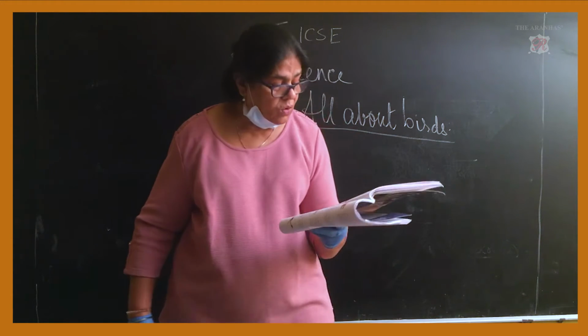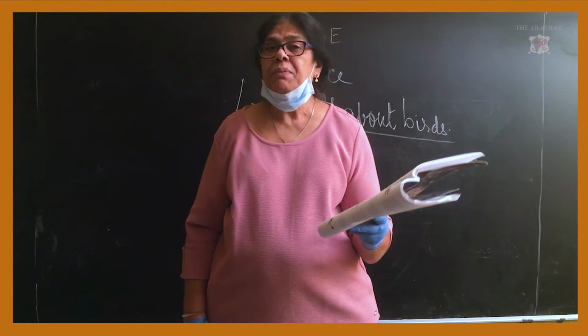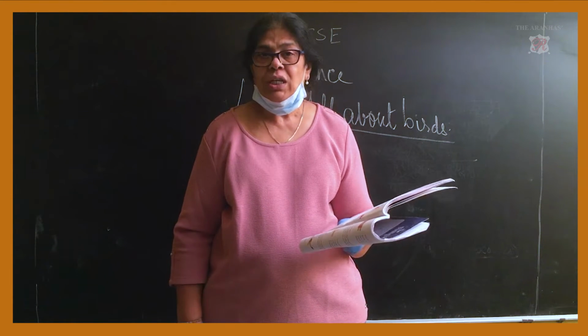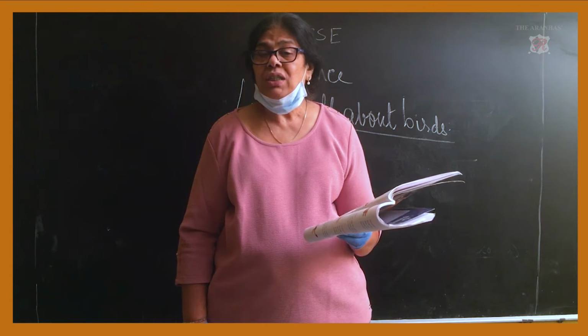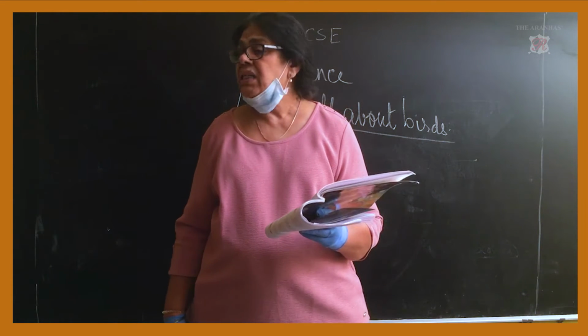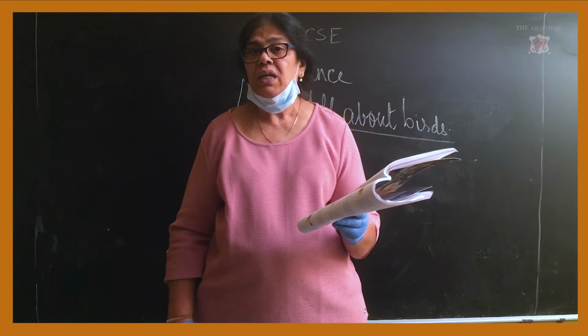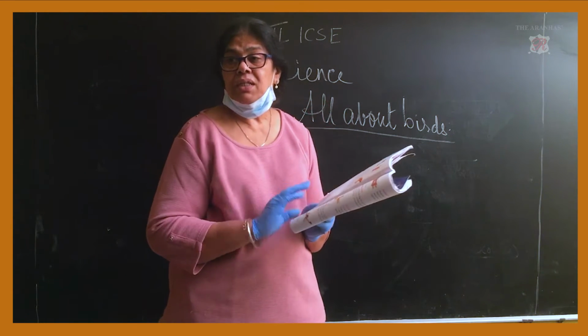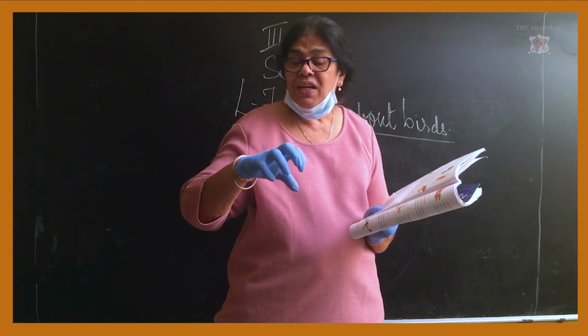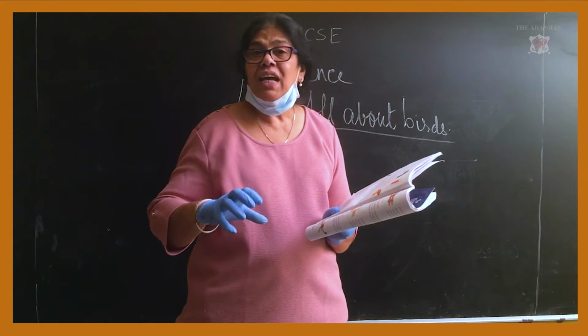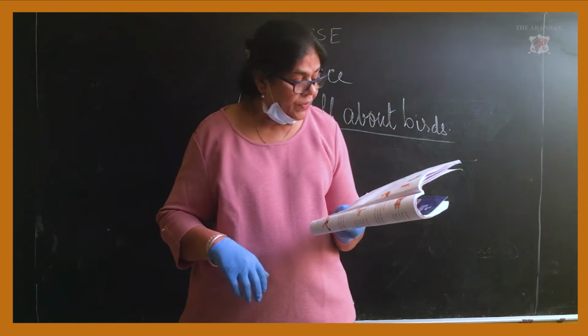Now if we take a look at the flesh-eating birds, birds that eat flesh, like the eagle, the vulture, the kite. These birds have a different kind of claws and feet.